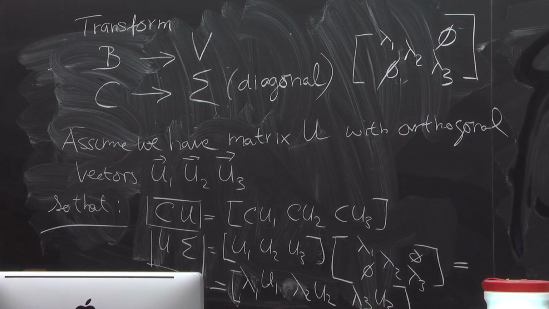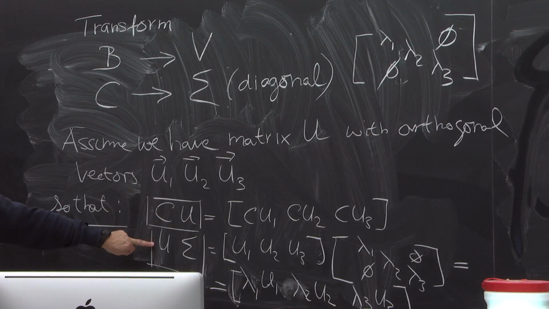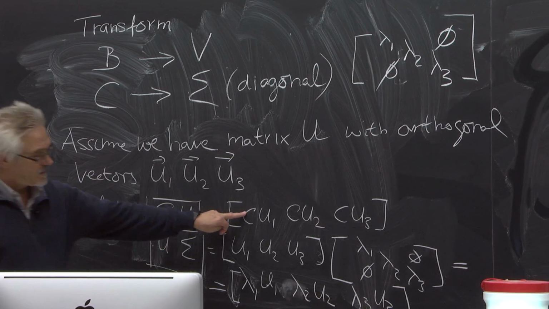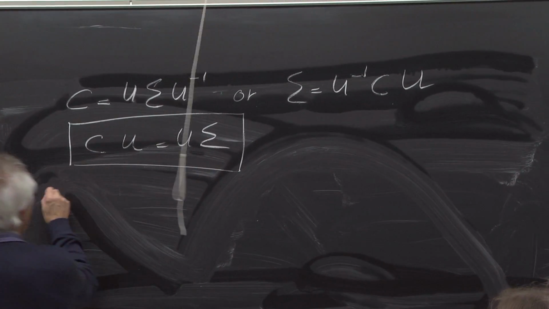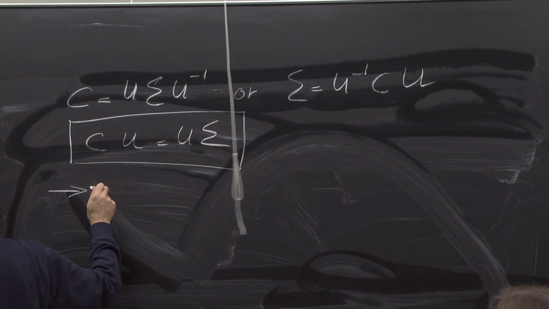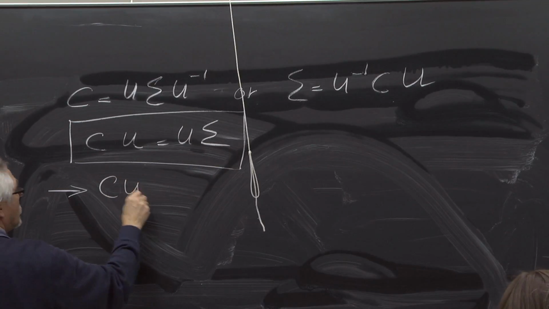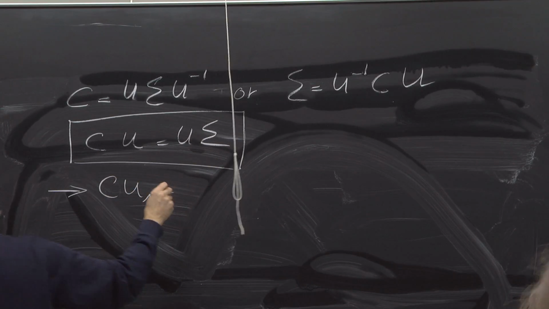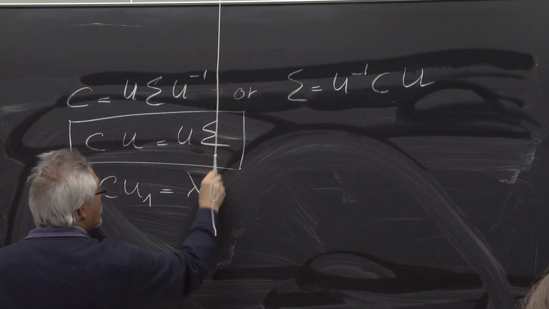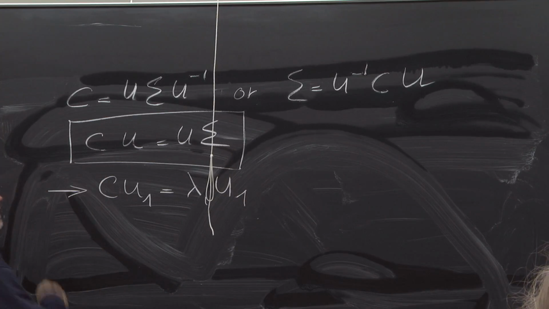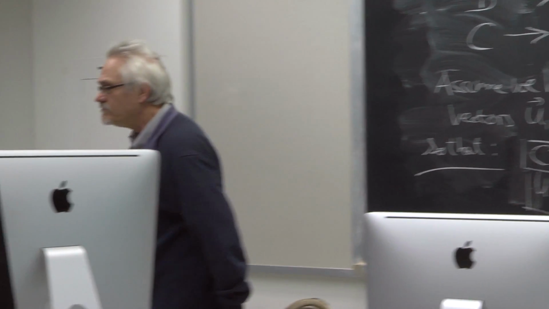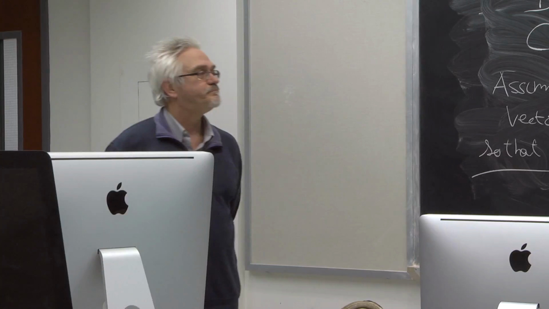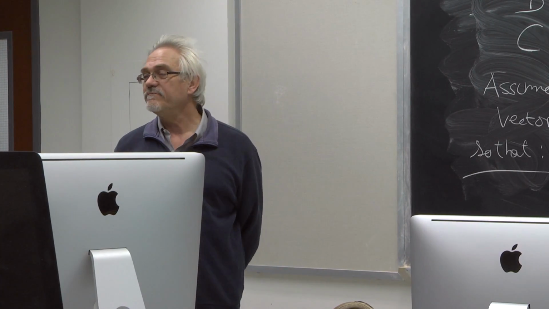So that means that if I can equate these two, all these elements can be equated. So that means that C U1 is, in this case, equal to lambda 1 U1. And C U2 is lambda 2 U2, and etc. Why is this interesting?